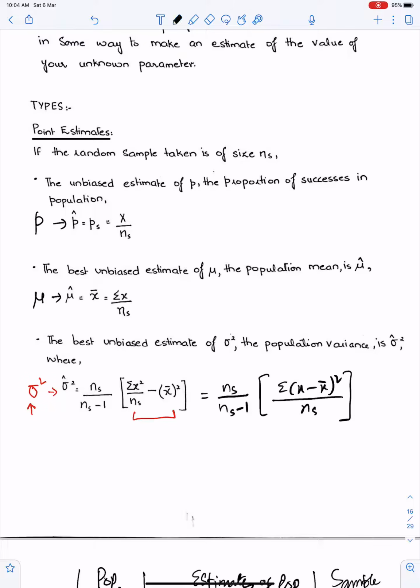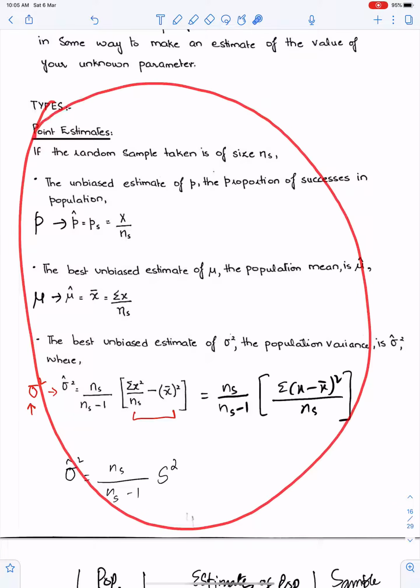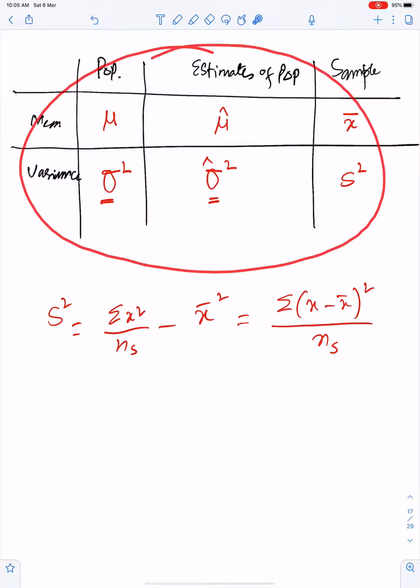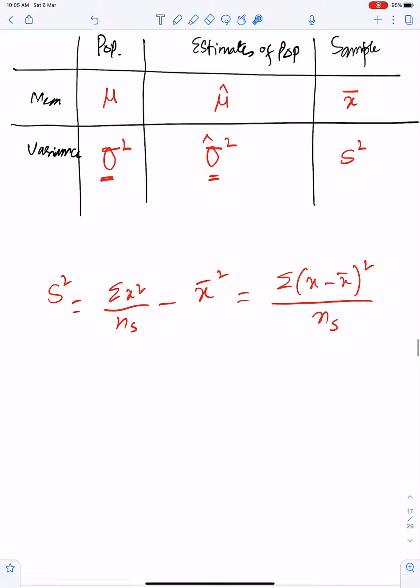In short, you can learn sigma cap square as ns over ns minus 1 times s square, where s square means sample variance. You have to learn this formula and these two formulas. These are the point estimates, and these notations are very important. Make sure you understand well and then learn these notations.